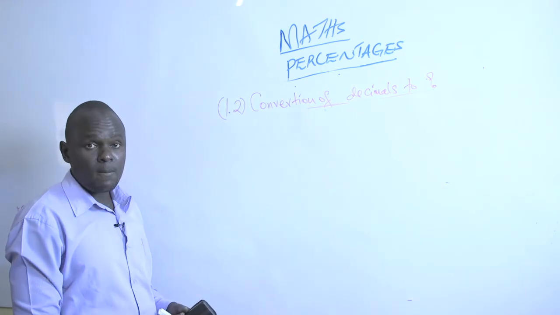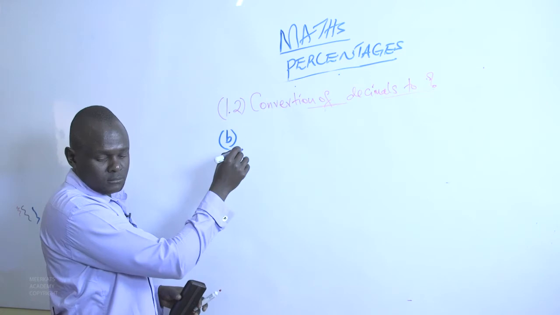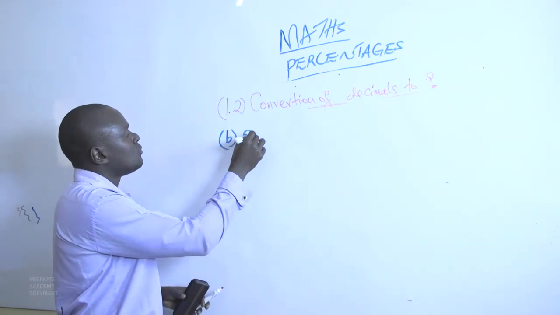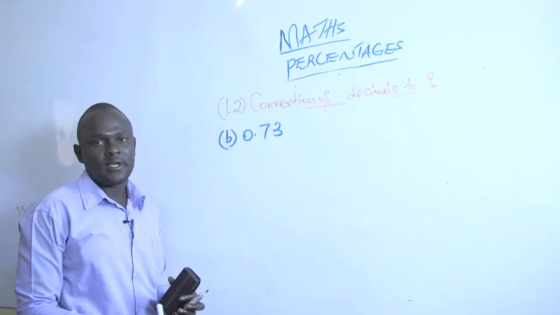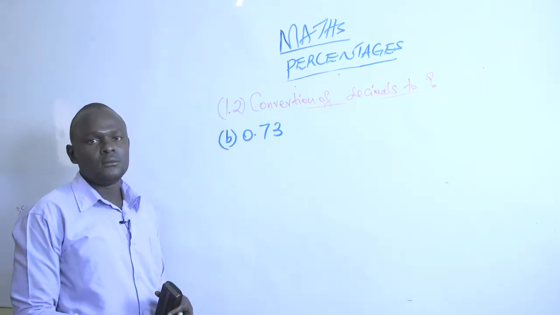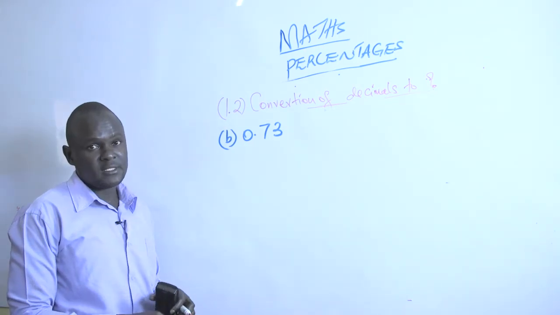Our second example will be 0.73. We write the number 0.73 as a percentage.